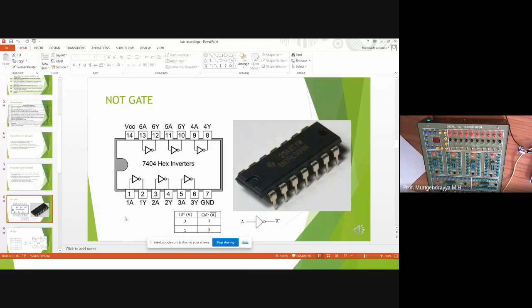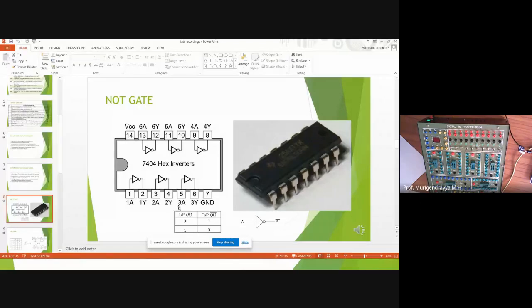For realizing logic gates or experiments, you should remember that the inputs are switches, and outputs are usually indicators like an LED, right? So to realize the NOT gate, you connect a switch to the input and the LED to the output. If you switch on, the LED will be off. If you switch off, the LED will be on. Like that, invert operation. That is how you can do the experiment.